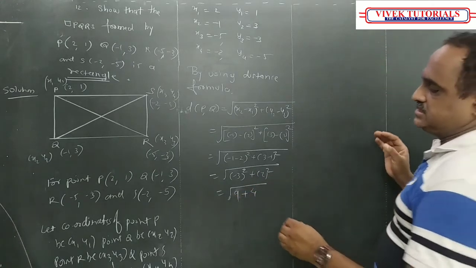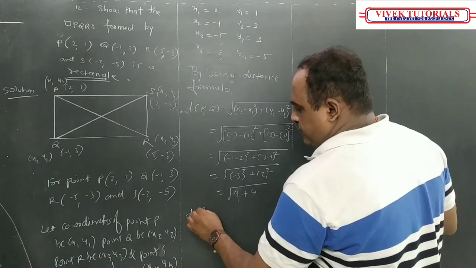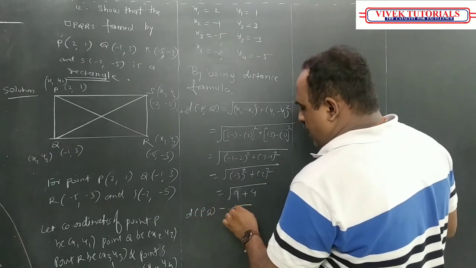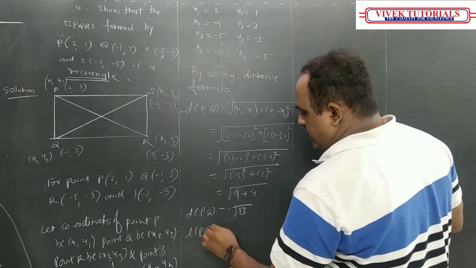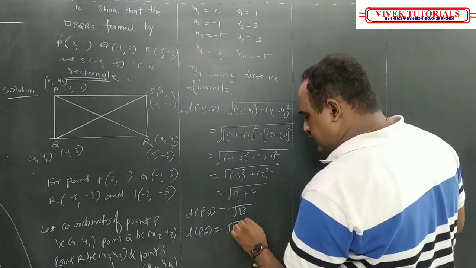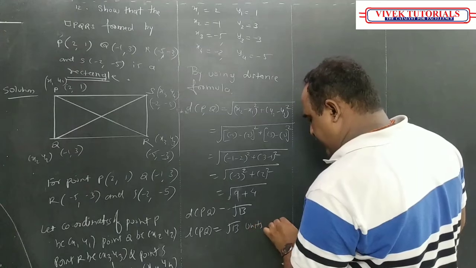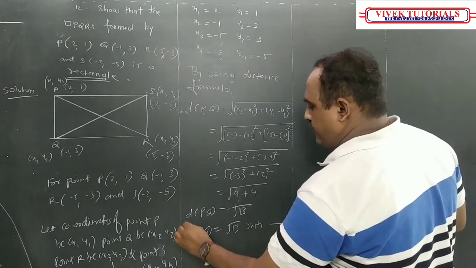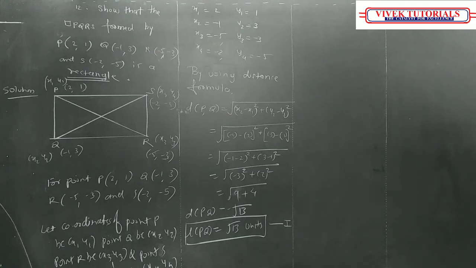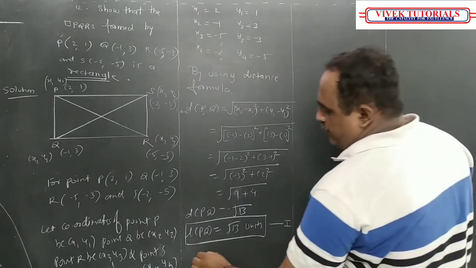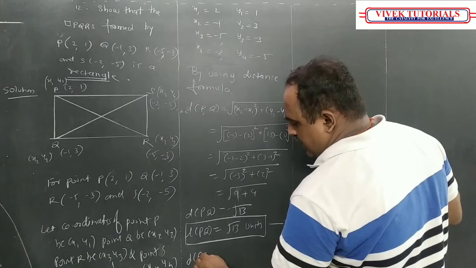So distance PQ is under root 13, or length PQ is root 13 units, equation 1. Then we are going to find distance QR.